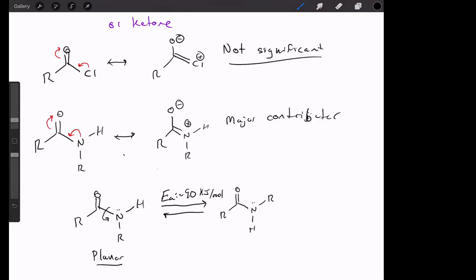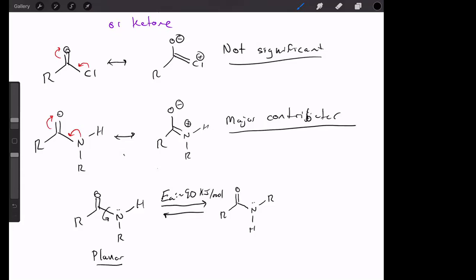And in fact, the fact that the double bond between nitrogen and carbon is such a major contributor to the amide bond plays essentially the entirety of the role in creating helical structures in proteins.